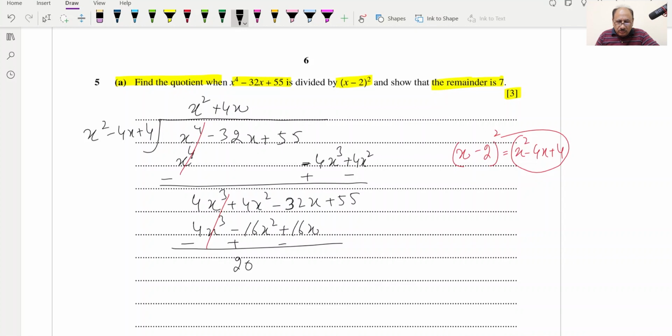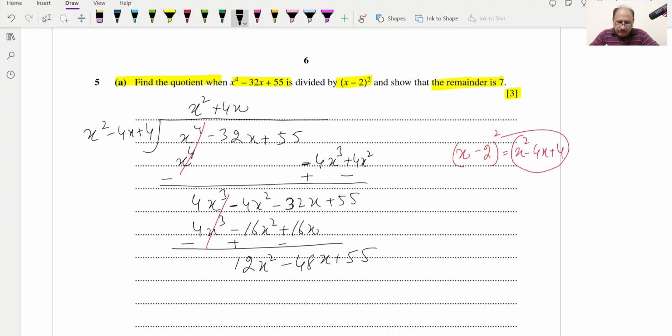When we multiplied this term, it was minus over here, and we had written plus by mistake, so this will be minus, and we will get 16 minus 4 will be 12, so 12x², and minus 48x plus 55.